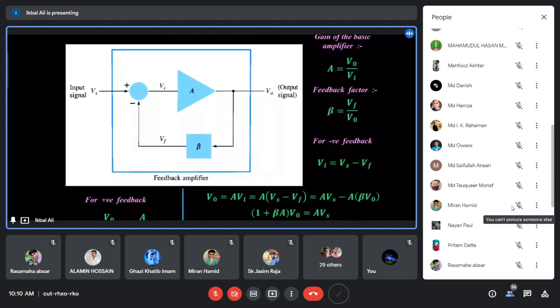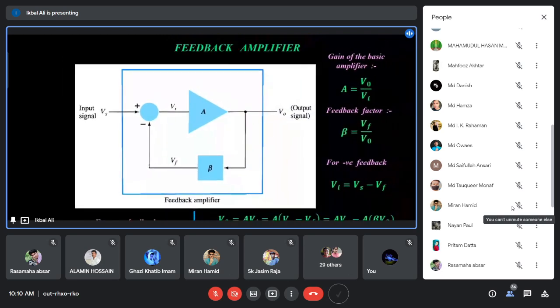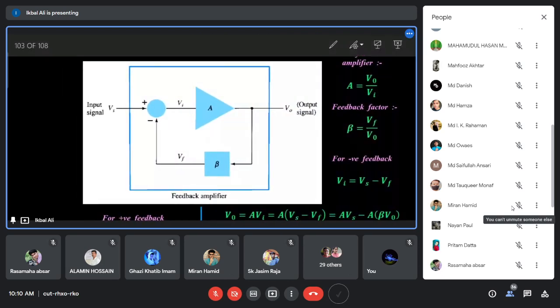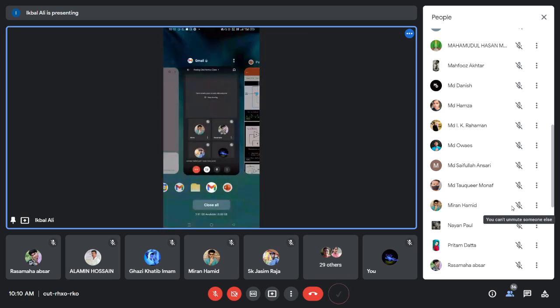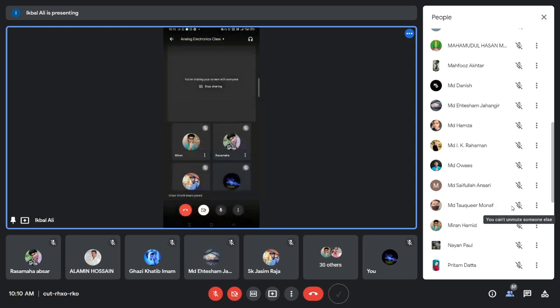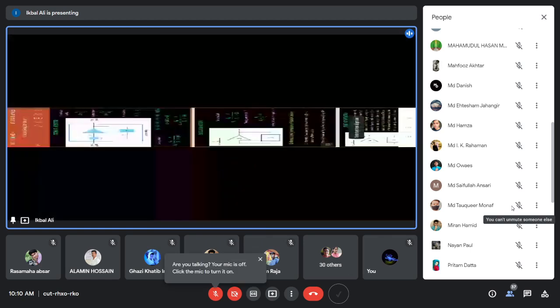And last day we discussed this amplifier. Whatever the amplifier is, in the middle you can see the triangular shape.